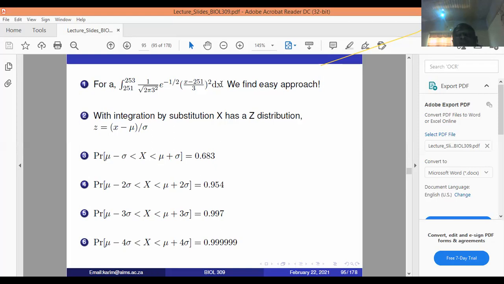We were taught algebra, but we were not taught what you are talking about, integration by substitution.